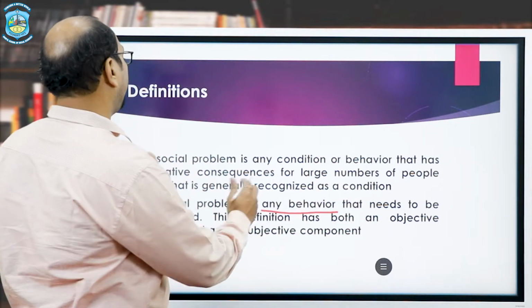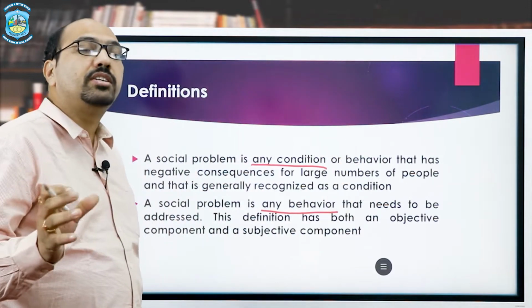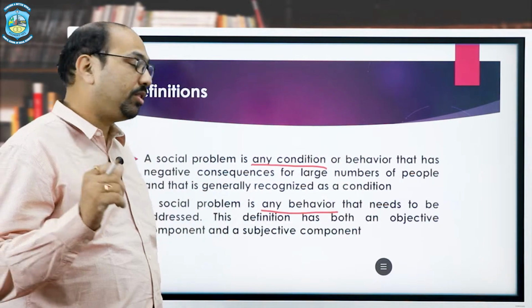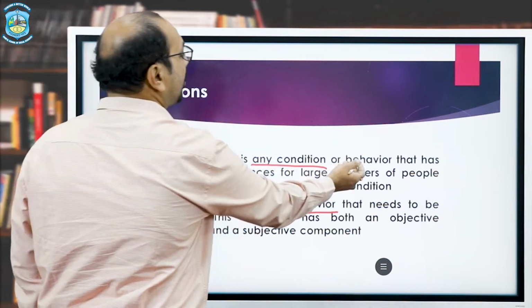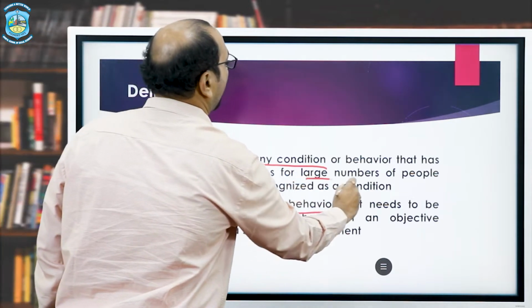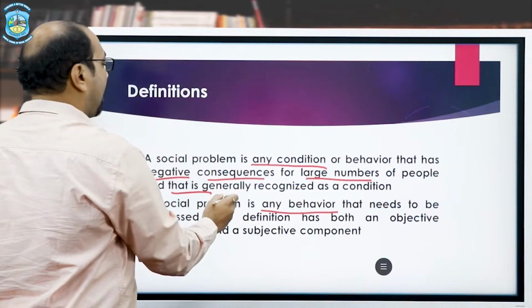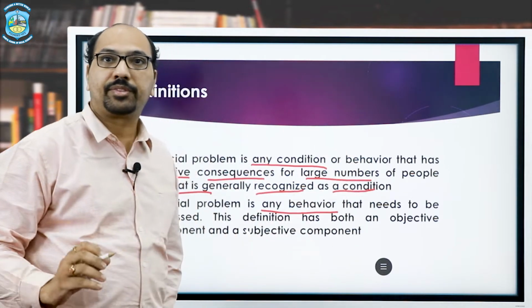At the same time, it is a condition which is not viewed favorably or in a good light. So a basic statement becomes: any condition or behavior that has negative consequences for a large number of people and is generally recognized as a condition.